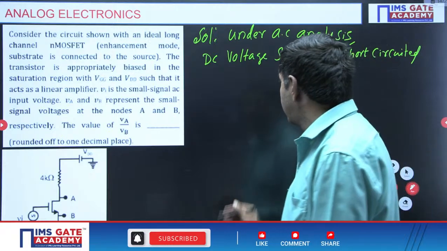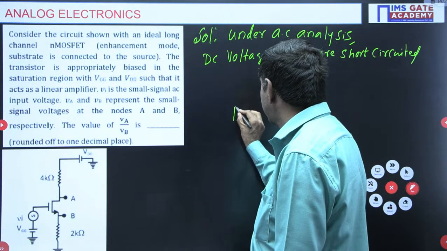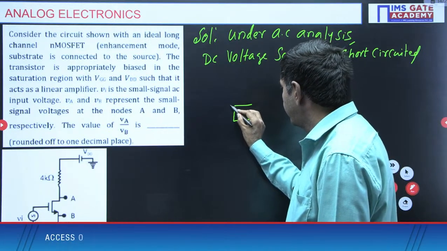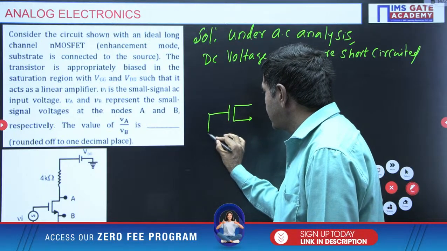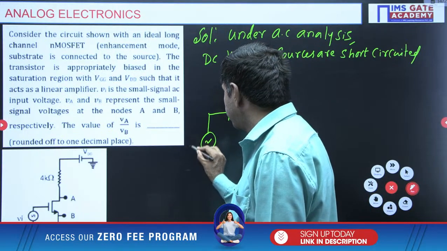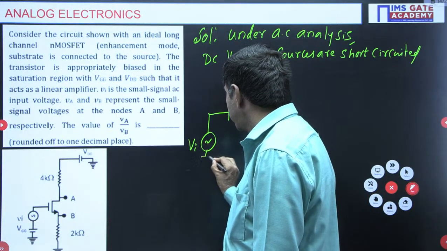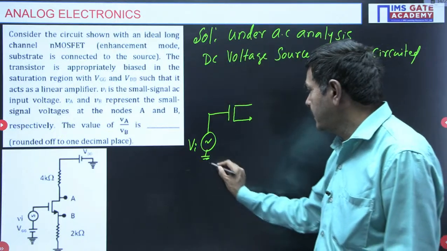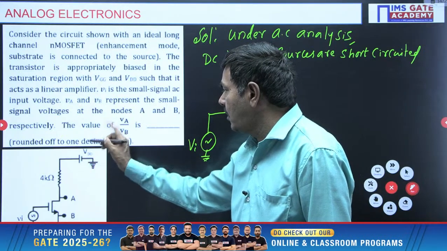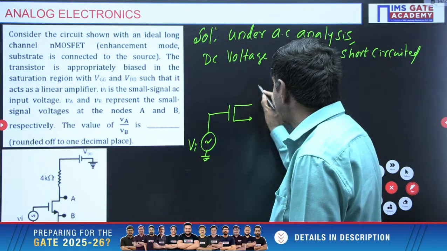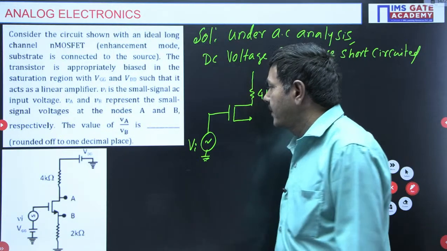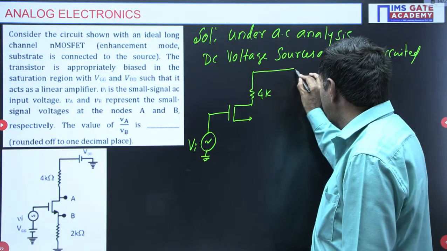There is a MOSFET here, and I will draw it as it is, an N channel MOSFET. This is connected with the AC source, given as VI. The DC source must be shorted, so the 4 kilo ohm resistor here connects to the ground.